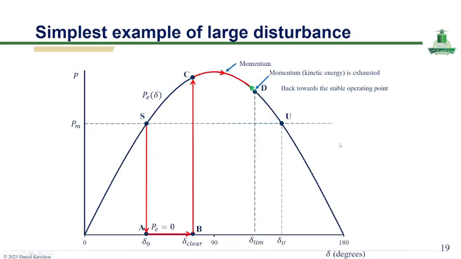So this slide illustrates the power angle curve used to explain transient stability during a large disturbance using the equal area criterion. Initially, the system operates at point S where mechanical power equals electrical power.